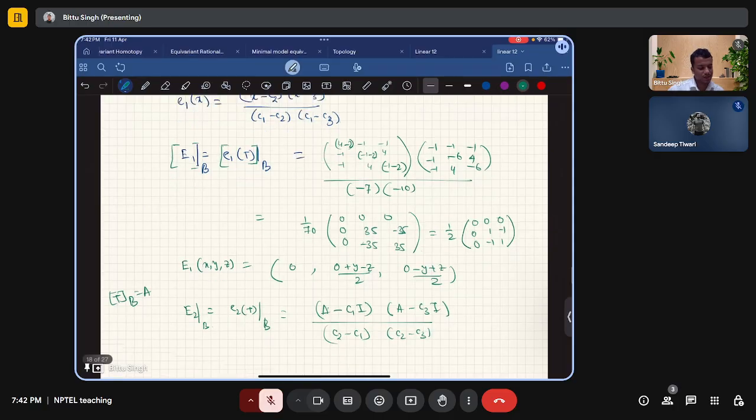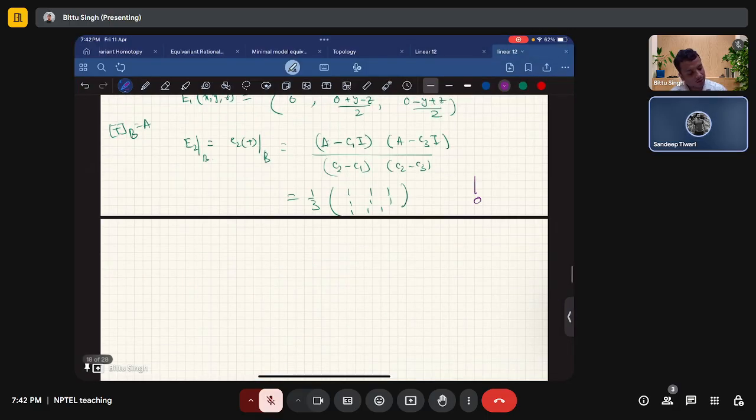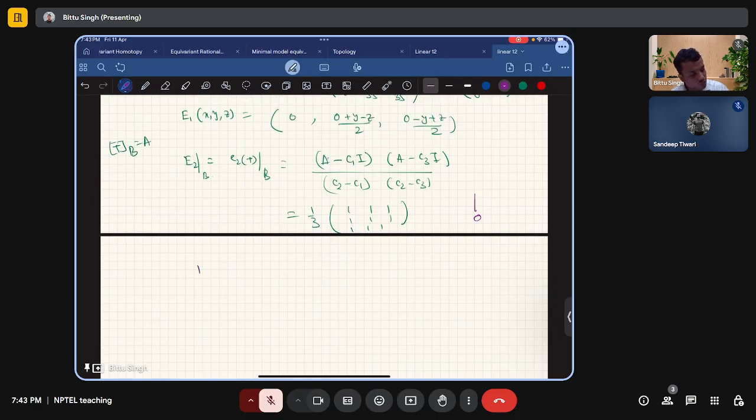If you calculate this, again this will look like 1/3 and everything is 1. Check this thing on XYZ. So from here it is clear that E2 will look like, first row is 1 1 1, therefore x plus y plus z, but there is 3. And all those are same.